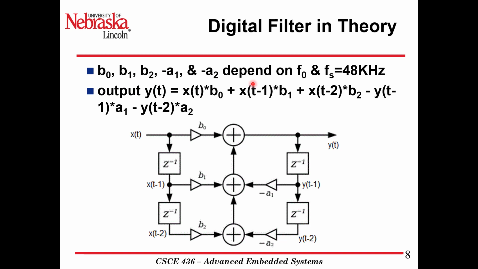These coefficients, these multiply parts, depend on the cutoff frequency we want for our filter, f sub 0, and f sub s, which is our sampling frequency. And our audio codec is 48 kilohertz, so that is our sampling frequency.